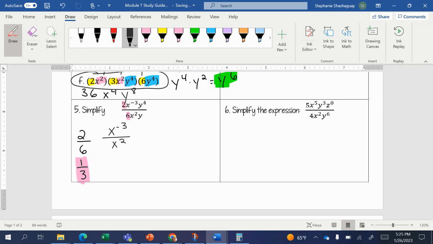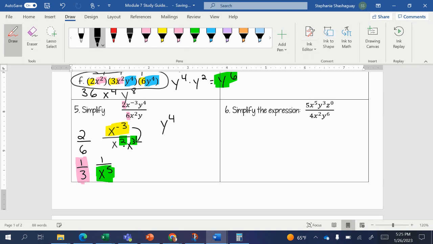Well, our negative exponent rule says that if we have a negative exponent, we need to change it to its reciprocal. So that's going to become x to the power of 3. And when we multiply x squared times x to the power of 3, that's going to become x to the power of 5 because we are adding these two exponents. And again, that's going to stay in our denominator.